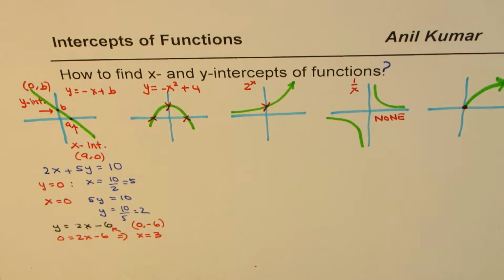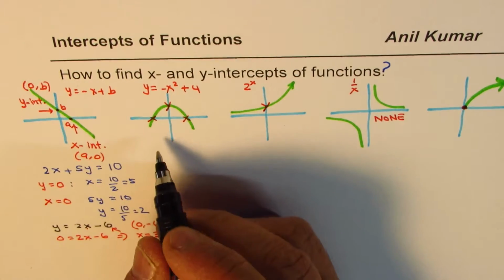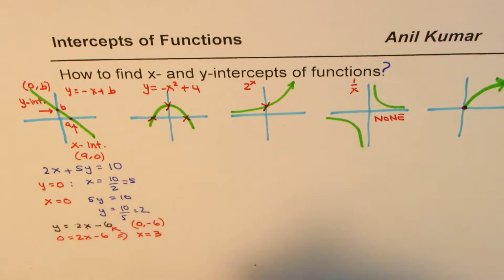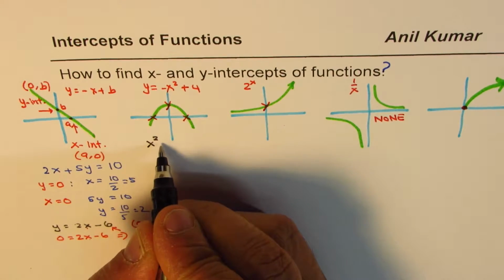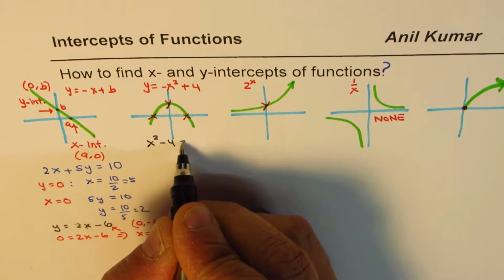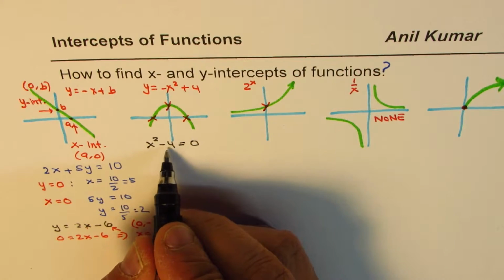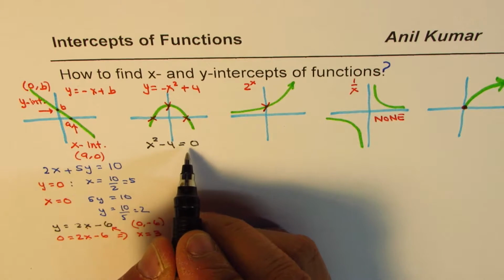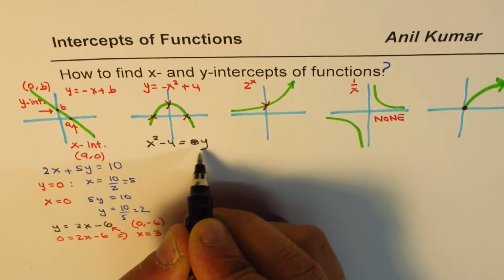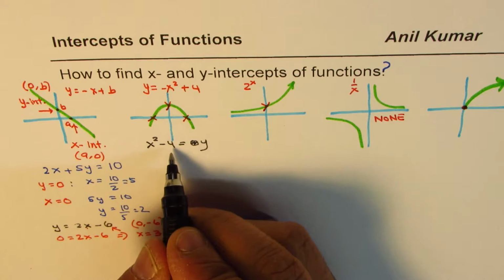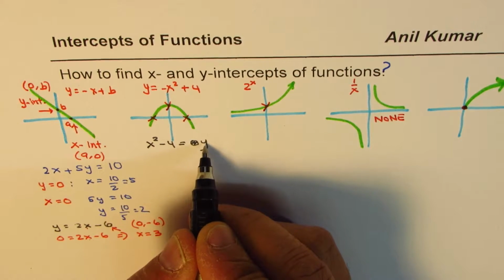Okay, now let's take up some equations of this form. So if I have an equation which is, let us say, x squared minus 4 equals 0. In that case, what do we have? Okay, let me write x squared minus 4 equals y first. So y is x squared minus 4. To find the x-intercept, I'm setting y equals 0.